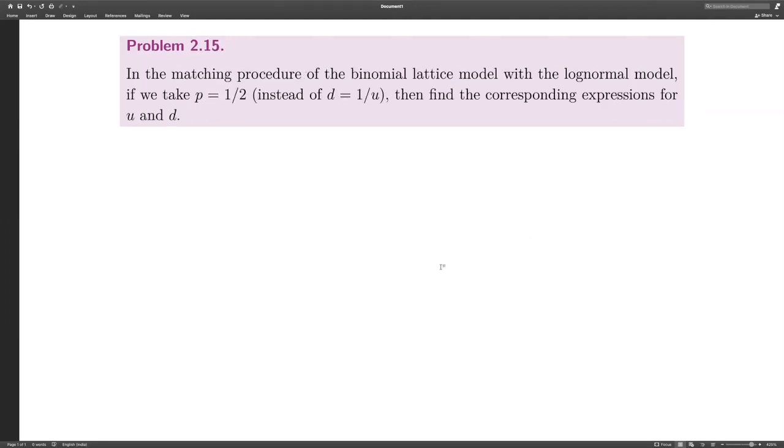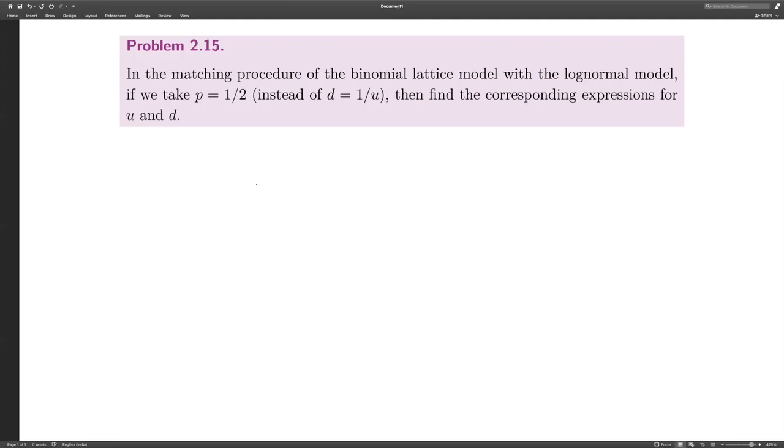Next question is, in the matching procedure of the binomial lattice model with the log normal model, if we take p equal to 1 by 2, what will be the corresponding expression for u and d, is the question. If you recall, in the class we have done this matching procedure for the binomial lattice model to get u and d.